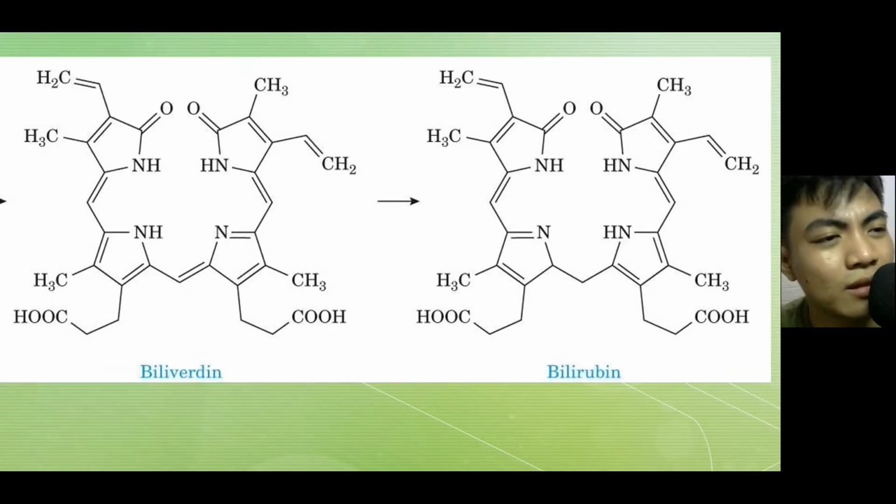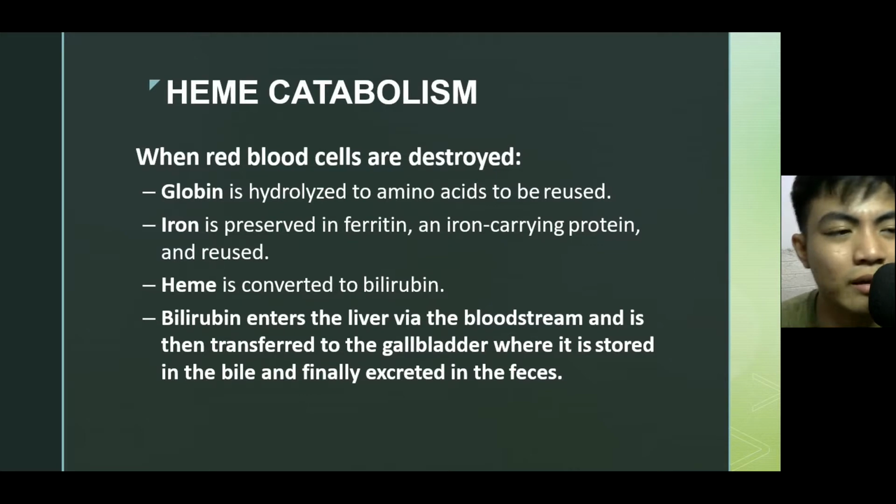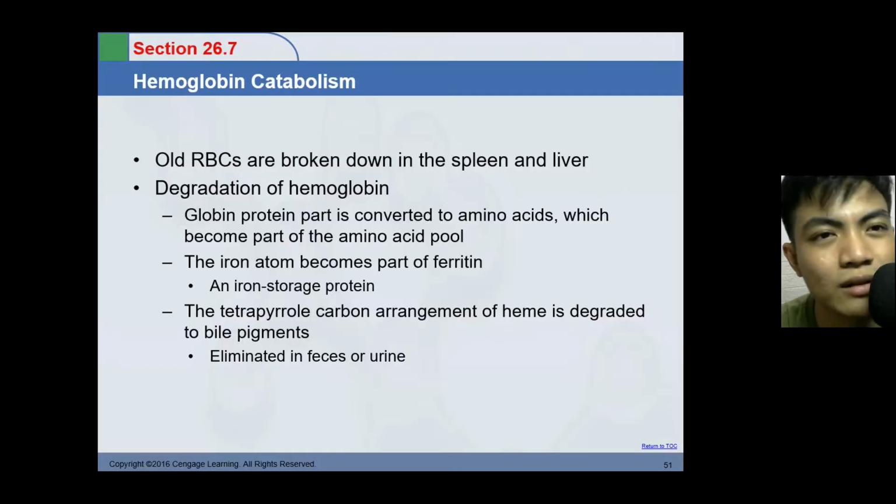And that bilirubin goes to our gallbladder, and eventually it is released from the body, no? Together with other byproducts, in the form of feces. Okay? So, anyway, let's go back to this PowerPoint.